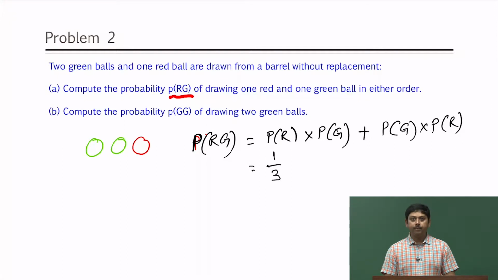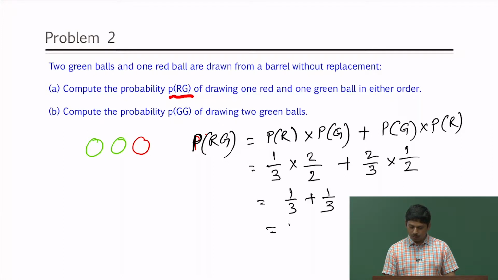Once I draw the red, I have full probability of getting the green, which is 2 by 2. Now, if I take the green first, which has 2 by 3 probability, after that I have 1 green and 1 red left, so the red will be 1 by 2. So, now it is giving me 1 by 3 plus 1 by 3, which is 2 by 3.